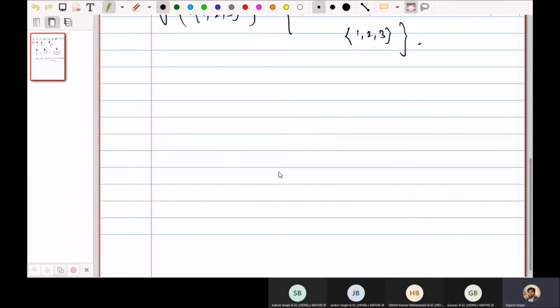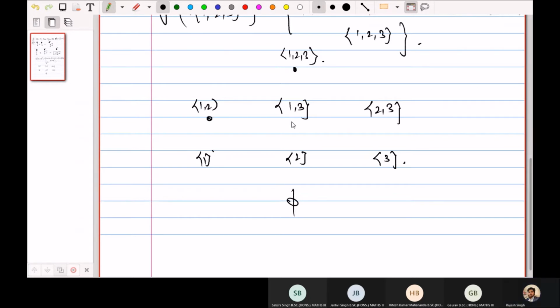So if we draw its Hasse diagram: the empty set, then singletons, and then double sets, and then the full set. So this will also come out to be a cube.